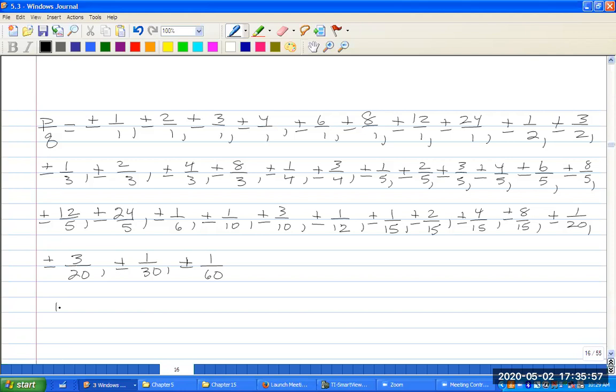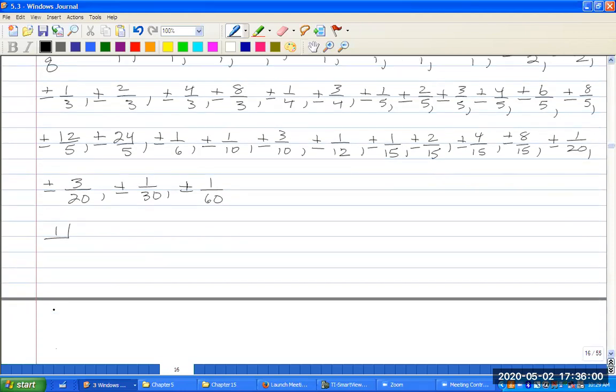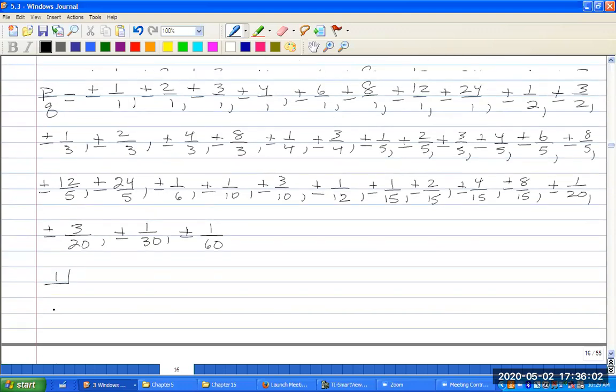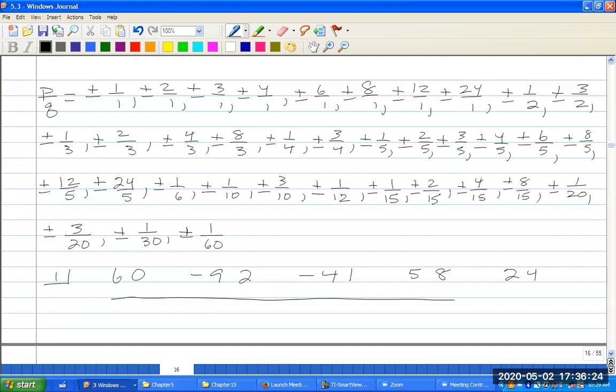So first, let's try 1. Okay, so for 1, my polynomial was 60, 92, 41, 58, 24. Okay, so now let's do this. So 60 minus 32 minus 32 minus C3.